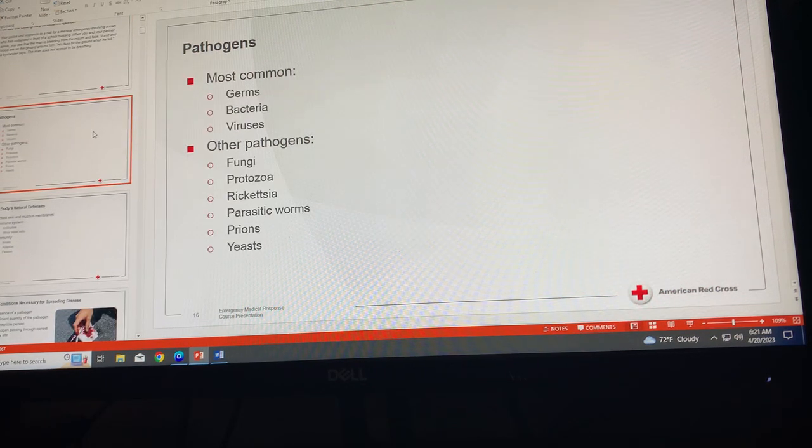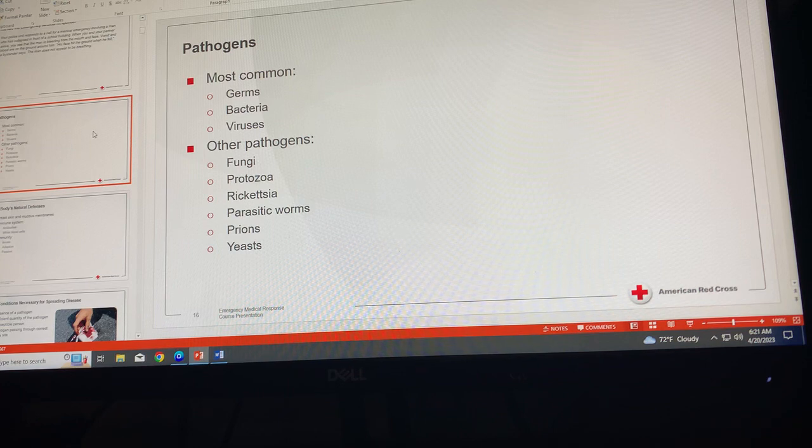Okay, so on the next slide here, we have pathogens. So let's discuss some of the most common pathogens. First, we have germs. We have different germs. Those are the most common pathogens. We have bacteria.